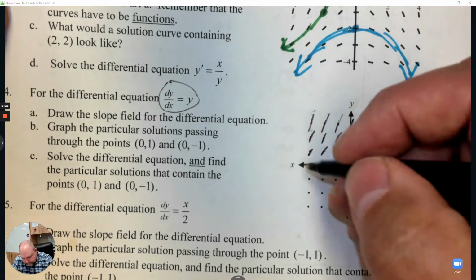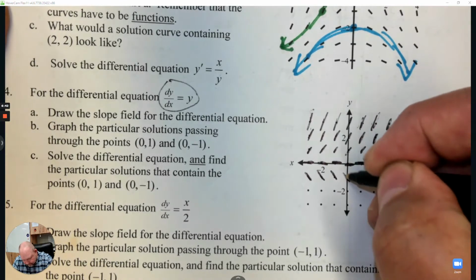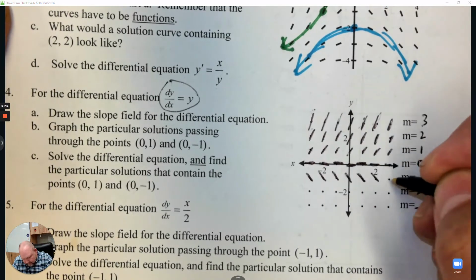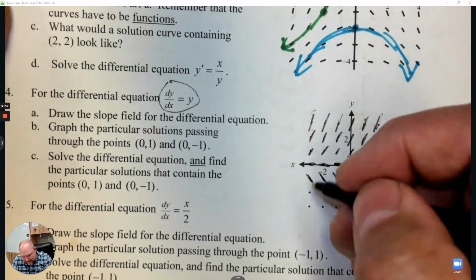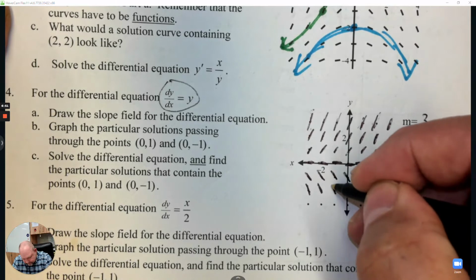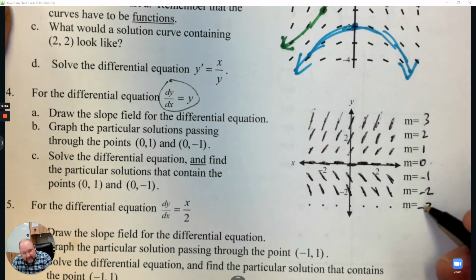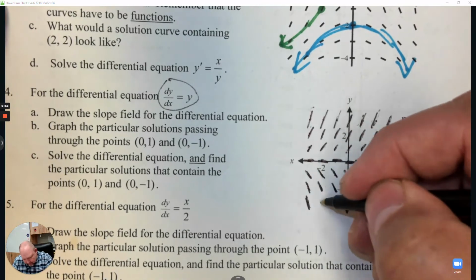Negative 1, down 1 and to the right 1. Negative 2, down 2 and to the right 1, so it's steeper going down. And then negative 3, even steeper, pointing down.